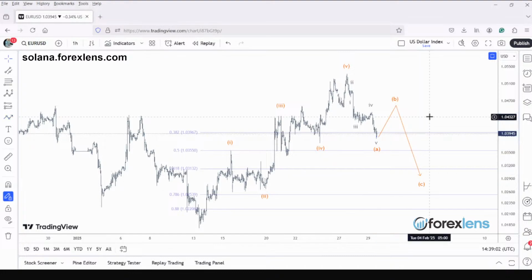When it's a zigzag, the points where A and C are ideally equal. If you just want to count it, 530 and 382, that comes to 150 points.